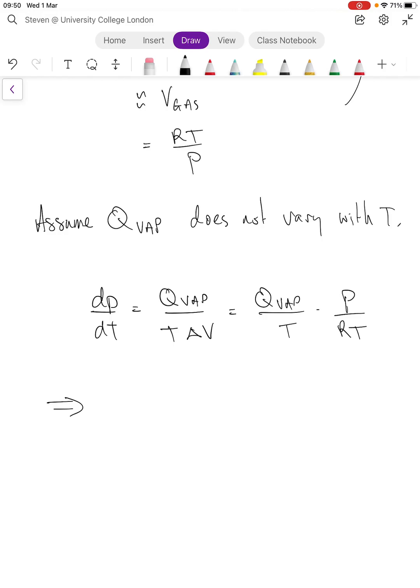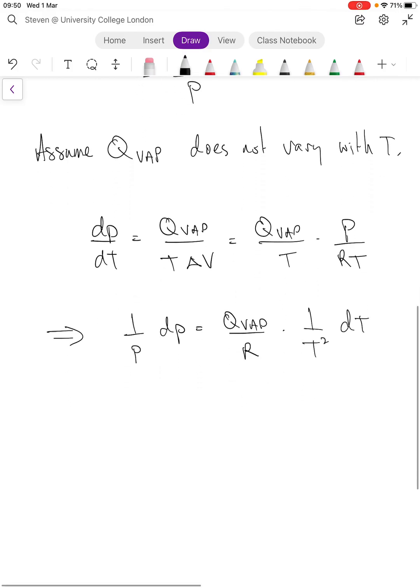So if we rearrange that, we'll have 1 over the pressure times dP is equal to the latent heat of vaporization divided by the gas constant, and remember, we're assuming the latent heat of vaporization doesn't depend on temperature, times 1 over T squared dT.